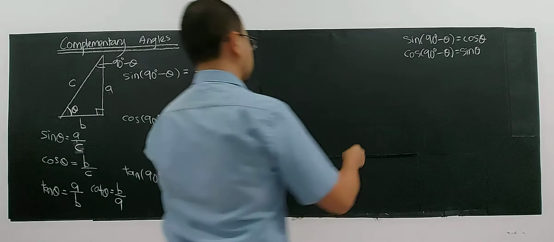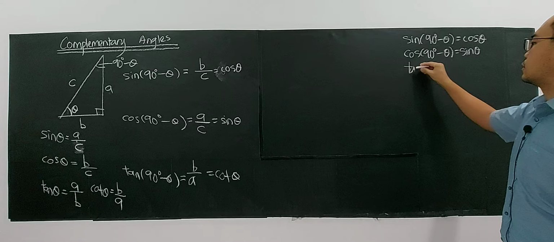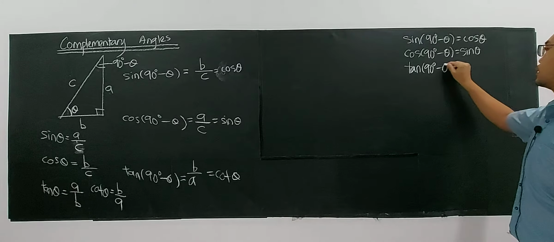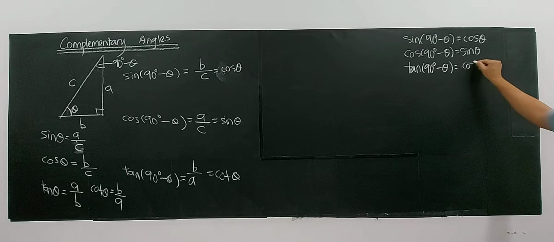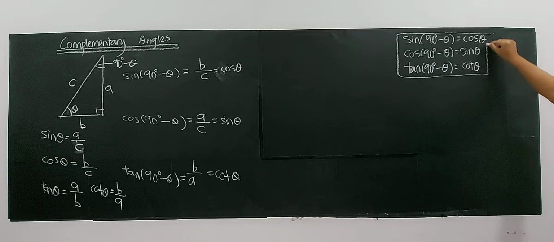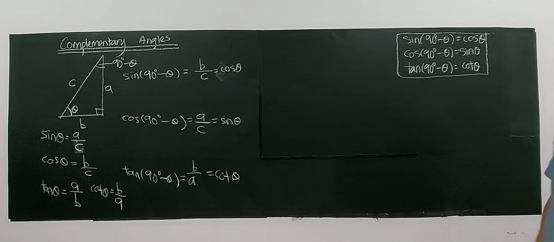So these are the three basic complementary angle formulas. From these three, you can generate another three formulas.